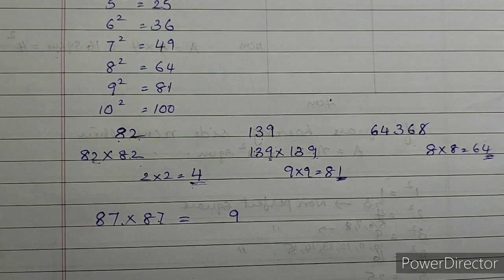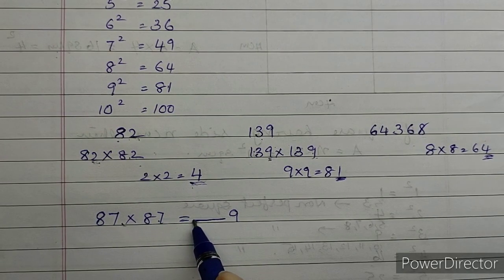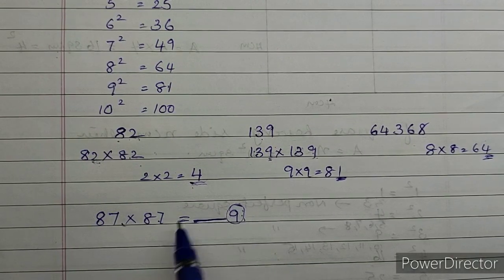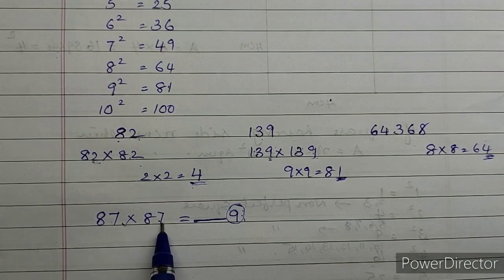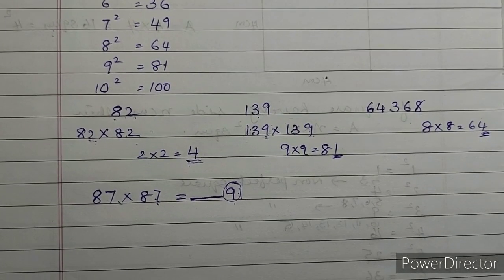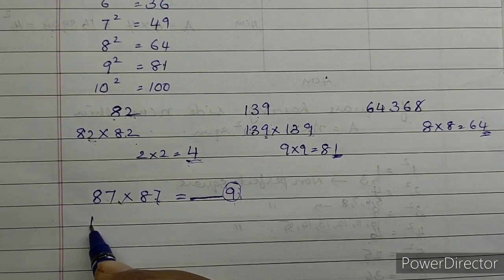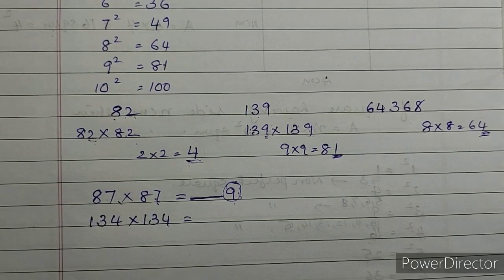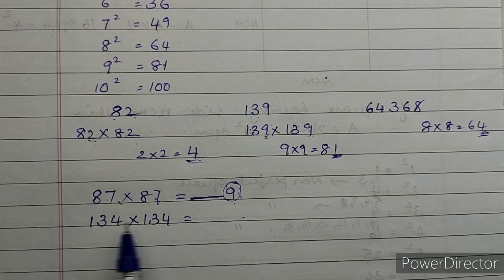So 9 will be the ending digit of this perfect square number. We are only looking at the ending digit. Ending digit will be 9 because 7 sevens are 49. Similarly, take any number, 134 into 134. You tell me what will be the ending digit of this answer.